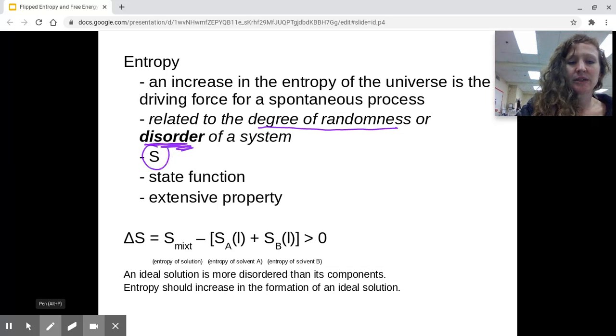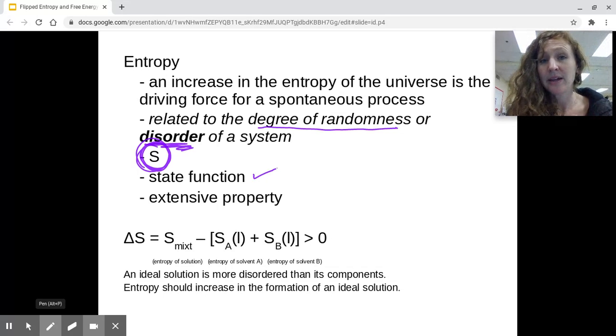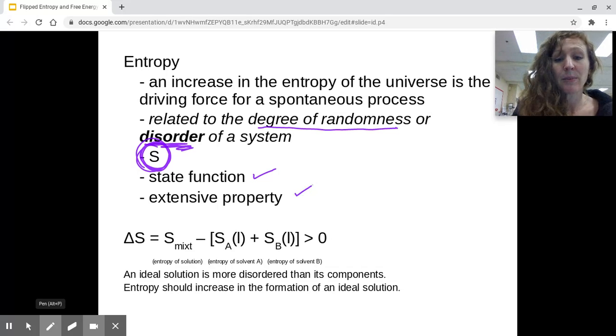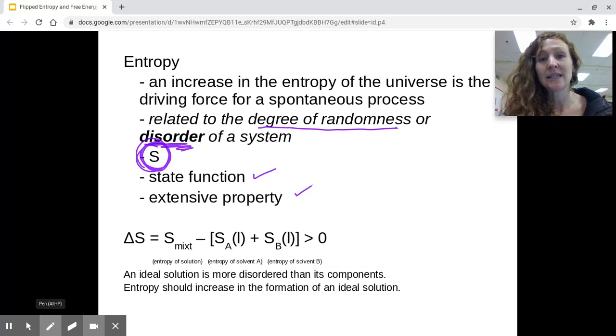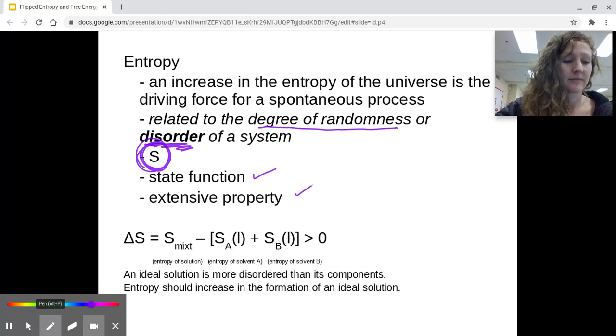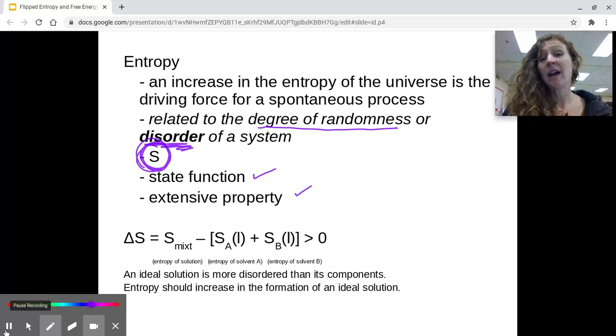Its symbol is going to be S. It's going to be a state function, which means it's pathway independent. And it's going to be an extensive property, which means it is dependent on the amount of material that's present. So much like enthalpy, if we double our reaction, entropy for the reaction is going to double also.